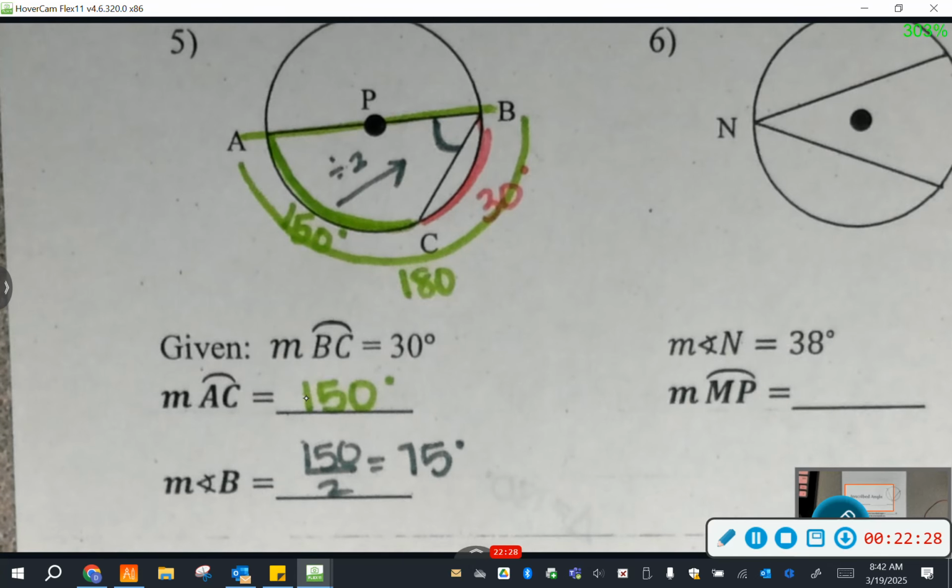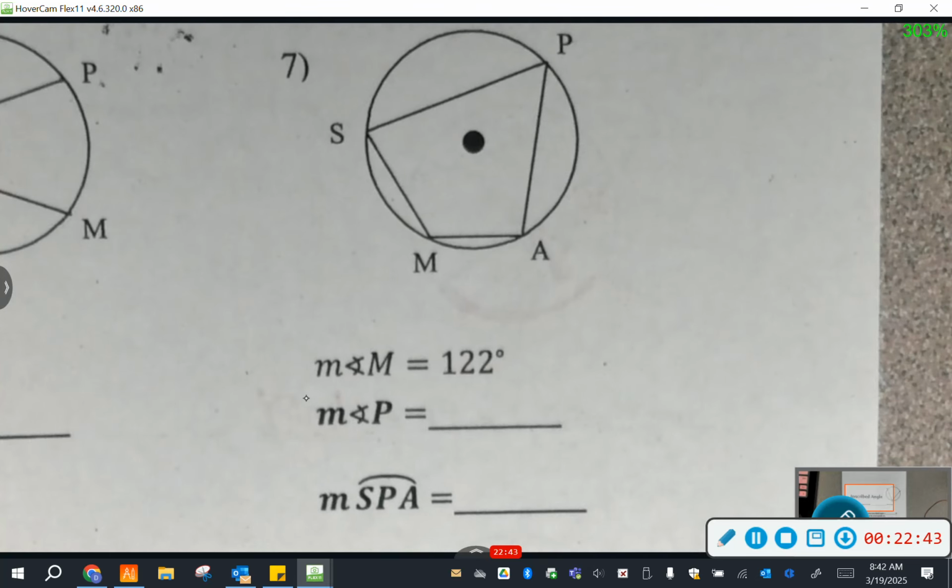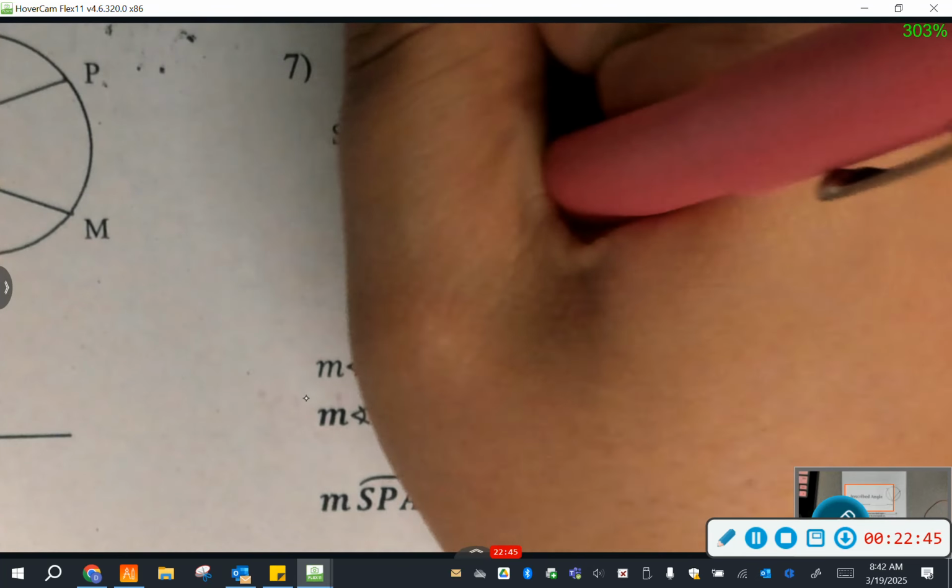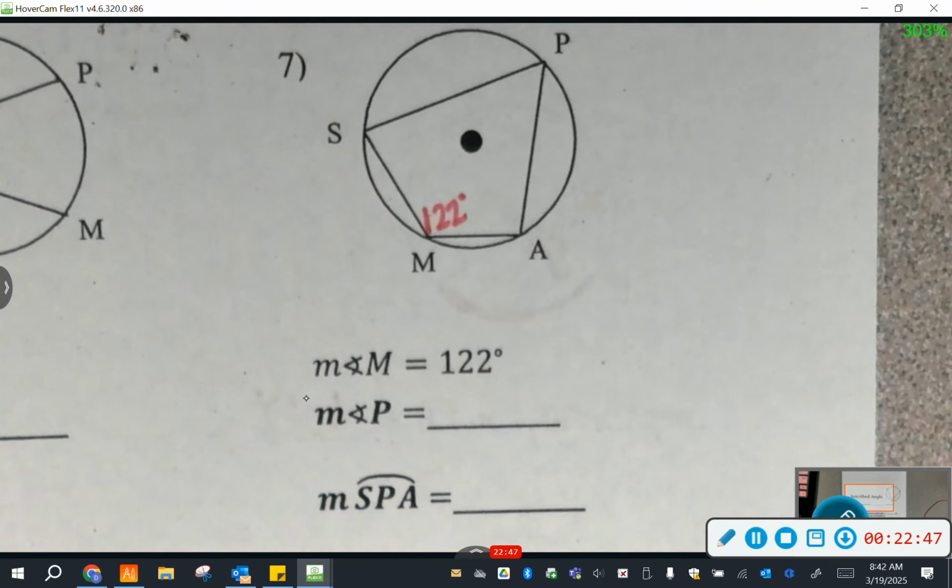All right. Last one I'm going to do with you, number 7. Angle M is 122 degrees.